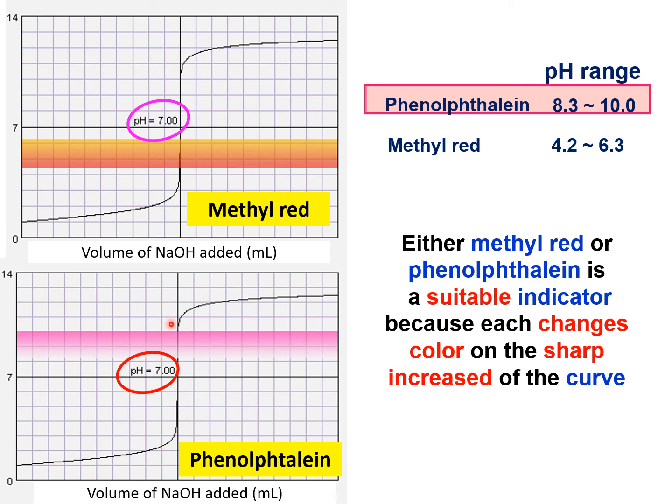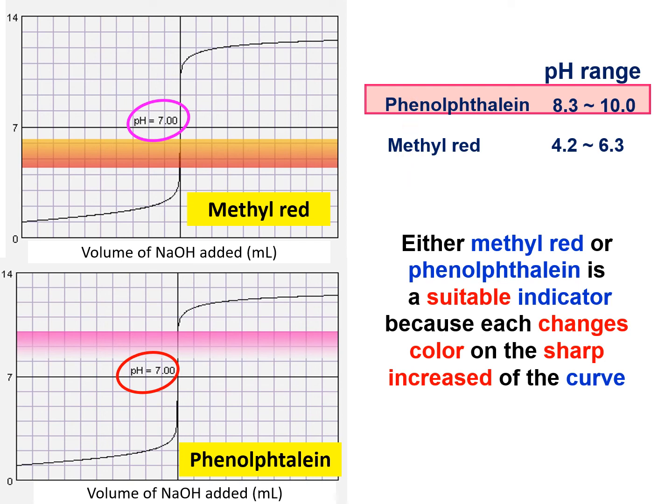Say you have an indicator that changes colour in the pH range 1 to 3. Is that indicator suitable for the reaction? No, because we must have an indicator that changes within the pH range here. So this is an example. For strong acid and strong base, these two indicators are suitable.